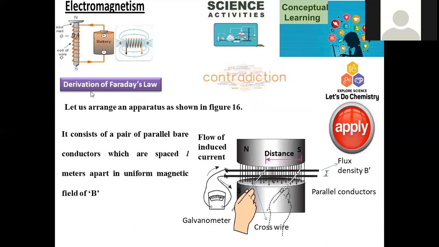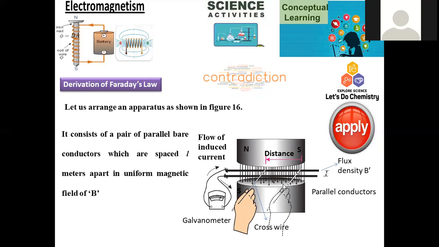Now we are going to look at deviation from Faraday's law; some kind of fluctuations we can also notice under some circumstances. Let us focus on the deviation of Faraday's law, which is denoted as a contradiction. Let us arrange the apparatus as shown in the figure. Here two bar magnets are inclined in such a manner that the north pole of one bar magnet is inclined with the south pole of another one. The flow of induced current is possible in this manner because two parallel conductors are there.